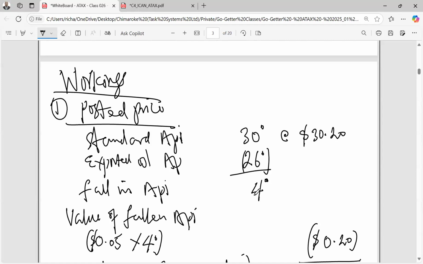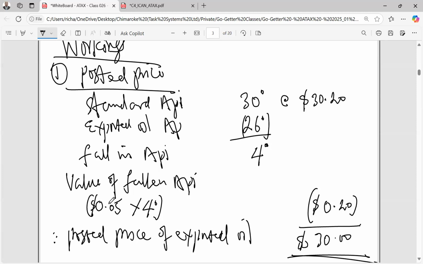Now, they will tell you this language: for every degree rise or fall in standard API, they will give you the corresponding increment or decrement. They must give you. This one, they give us that for every 1 degree rise or fall, it is 0.05. Multiply the 0.05 you have here by the difference. So we did it and we get 0.20.